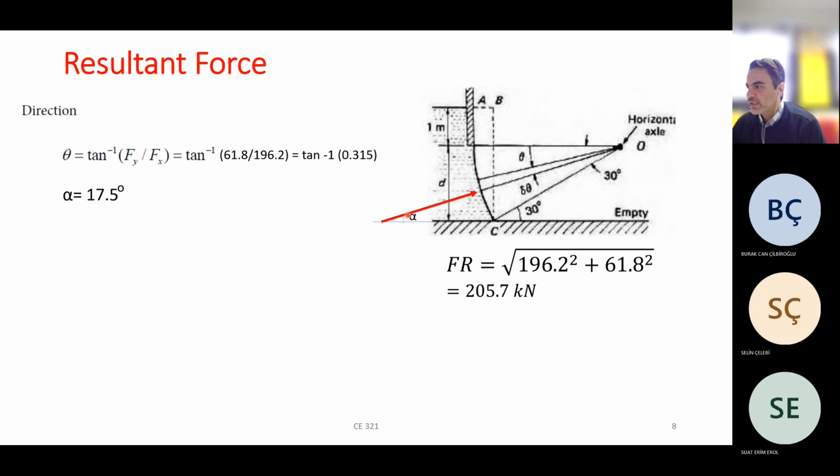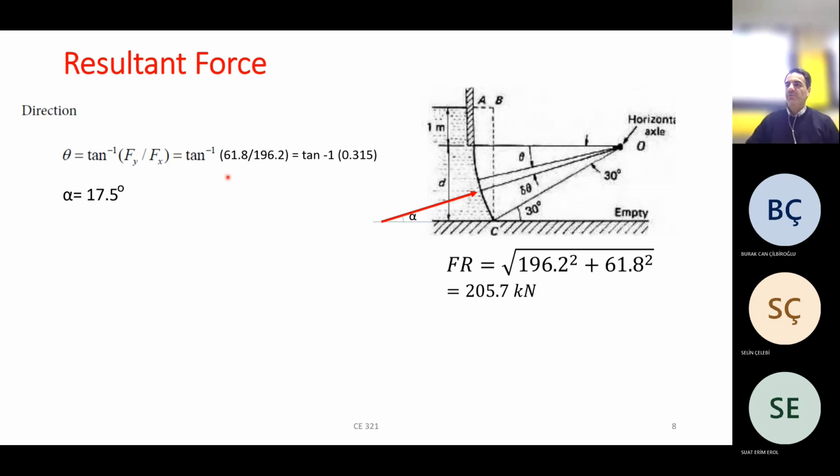I know that the force is always perpendicular to the surface. Therefore, it should pass through the centroid of this circle. However, so far I don't know what alpha is. If you have your Fy and Fx, alpha can be found through the arctangent of Fy over Fx.